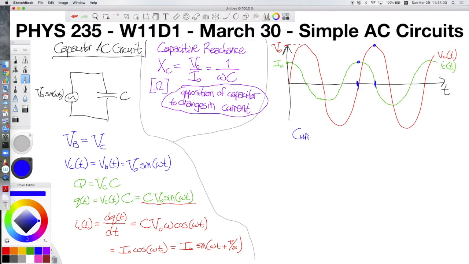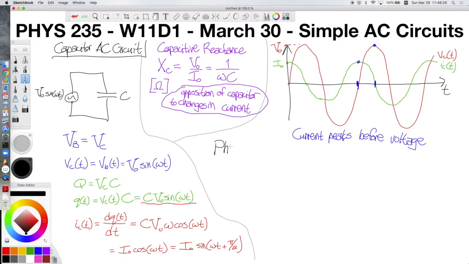So we could say that the current peaks before the voltage. If we had a voltmeter and an ammeter hooked up to this capacitor, we would see the current reach its maximum value, and then the voltage reach its maximum value, and then a brief pause for the rest of the cycle, and then that same thing repeats itself.